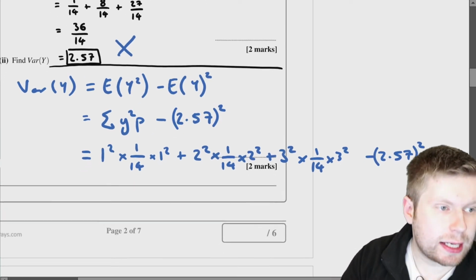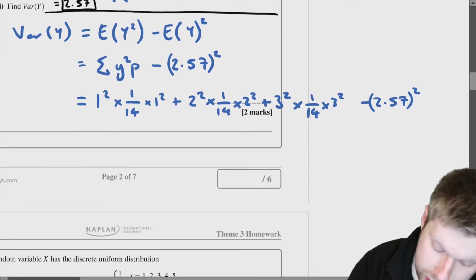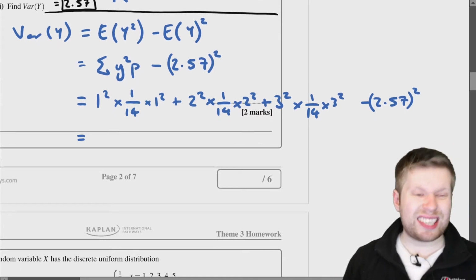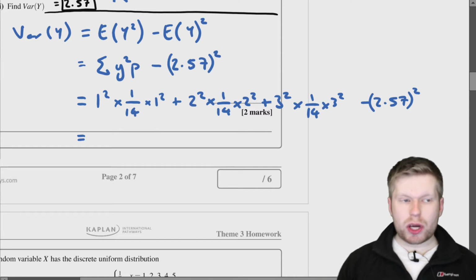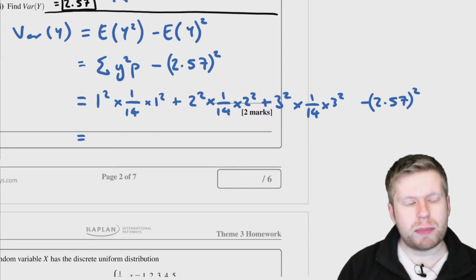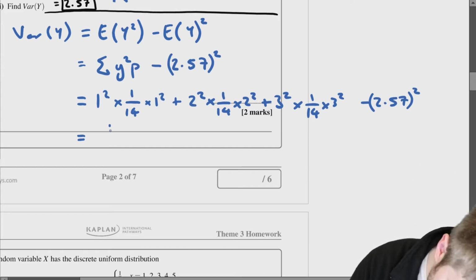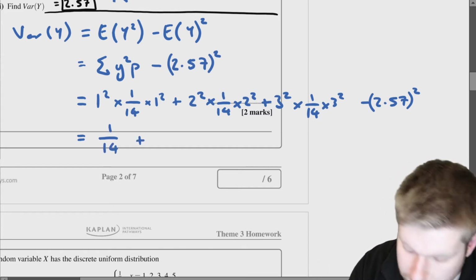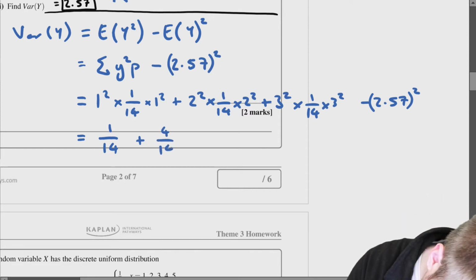You could, if you want to, just stick all that in a formula in your calculator. I personally find it's not going to take too much work to simplify it in my head. It's less buttons to type on my calculator, less places for me to go wrong. So let's work this out. We've got 1/14 plus, well, 2 squared times 2 squared is 4, so that's 4/14.